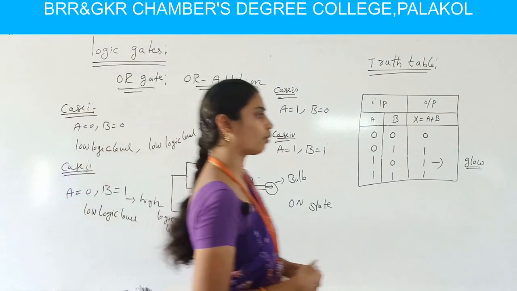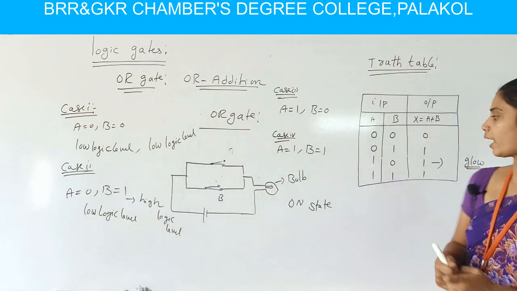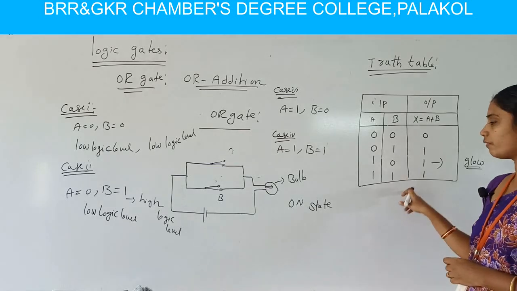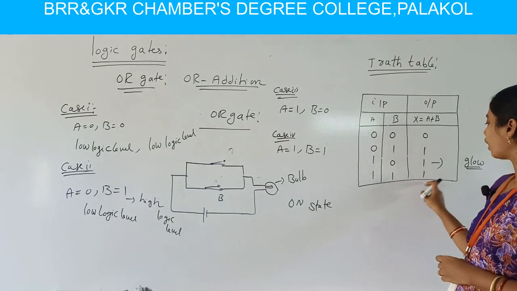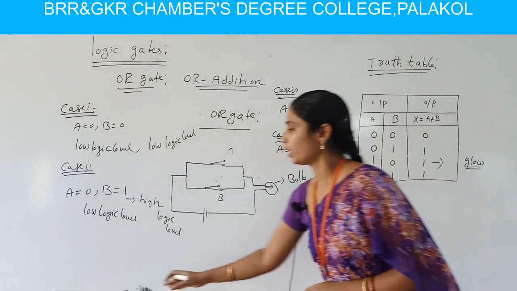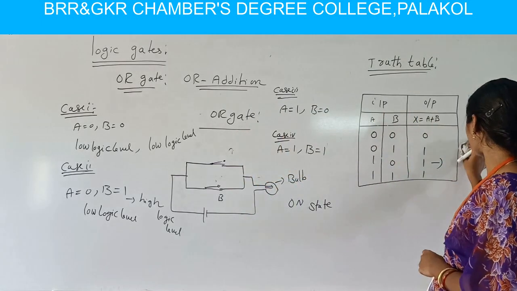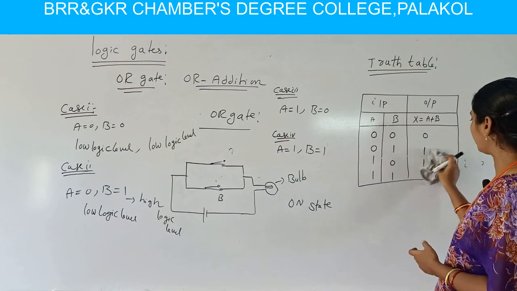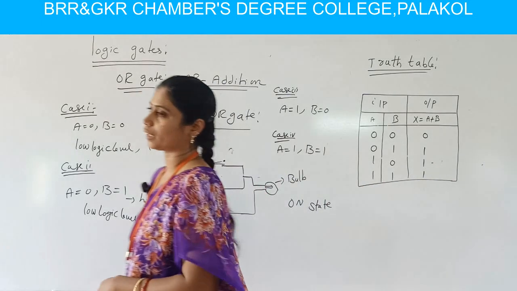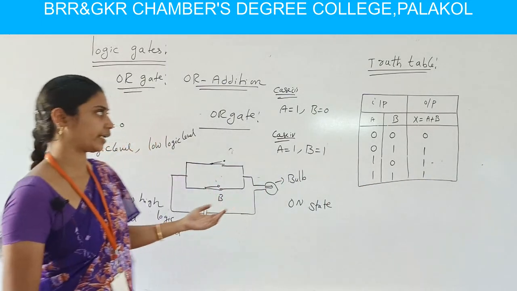We already know according to Boolean algebra 1 plus 1 is 1. We have the output as 1 plus 1, which is nothing but 1, also in high logic level. This is the fourth case of this OR gate.